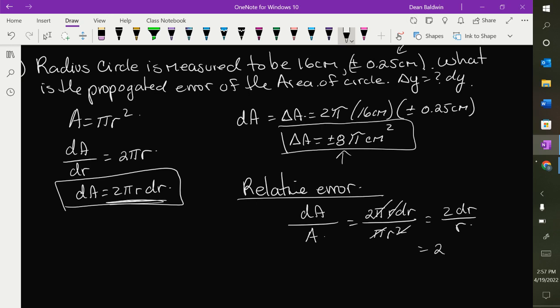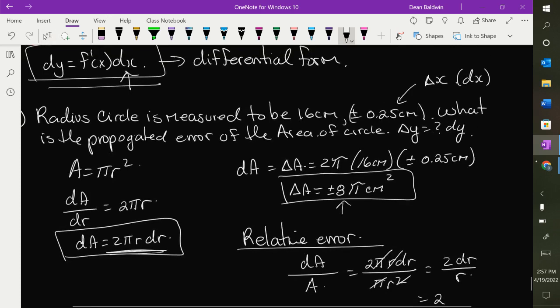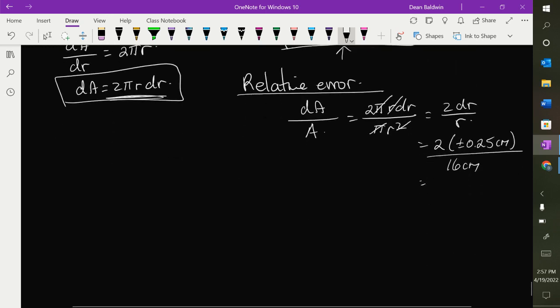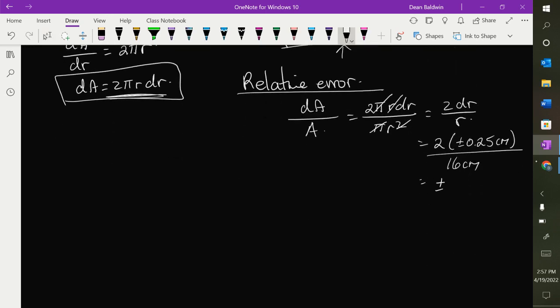2 times dr. dr was plus or minus 0.25, divided by the actual radius, which was 16 centimeters. You punch all that in, you're going to get plus or minus 0.03125.